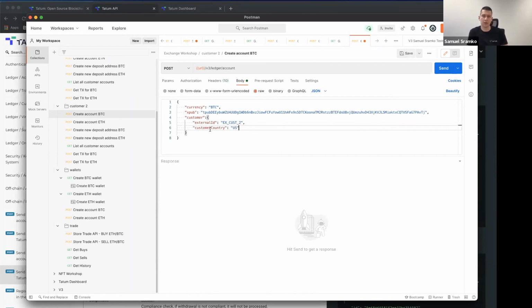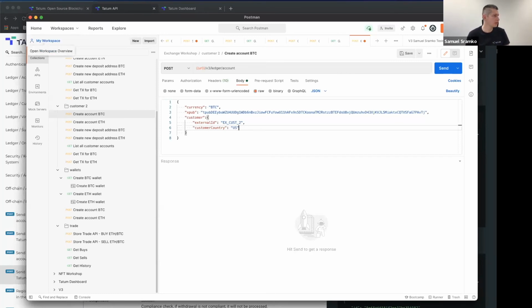When you set the country of the customer, there are mechanisms inside Tatum that will automatically, for example, prevent sending assets to people from different countries. For example, Bitcoin is banned in China, or India has some more strict regulations these days. So you will not be able to send assets which are prohibited from some accounts.